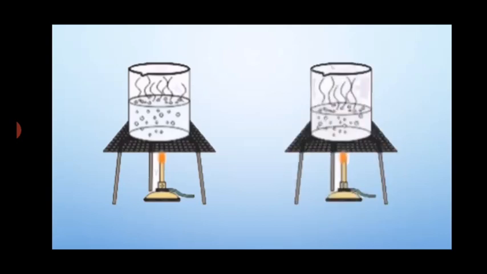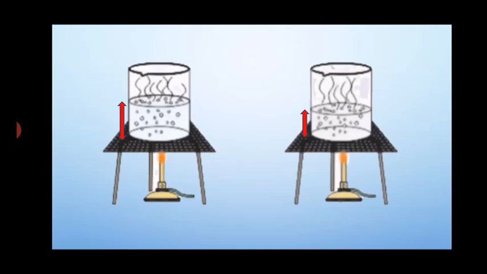If you boil the water for some time, for 10 minutes, 20 minutes, you will see that the quantity of water has reduced. Can you see here? Here there is so much water, whereas after boiling it for some time, what will happen? The water has become so little. It has almost become half.